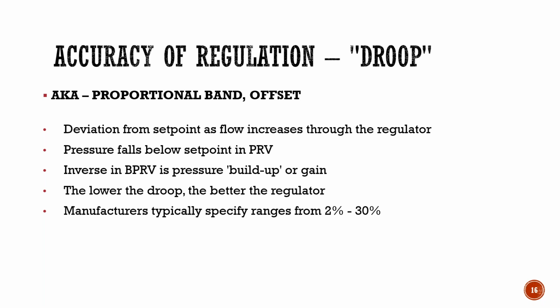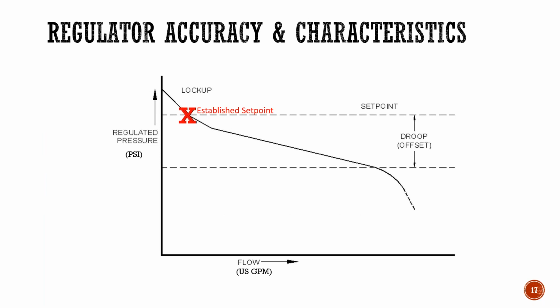And those will generally provide accuracy between 70 and 90%. So say 10 to 30% droop. When you get into piloted and dome loaded regulators, they become more accurate and get significantly closer to the same performance that you'll get out of a control valve.